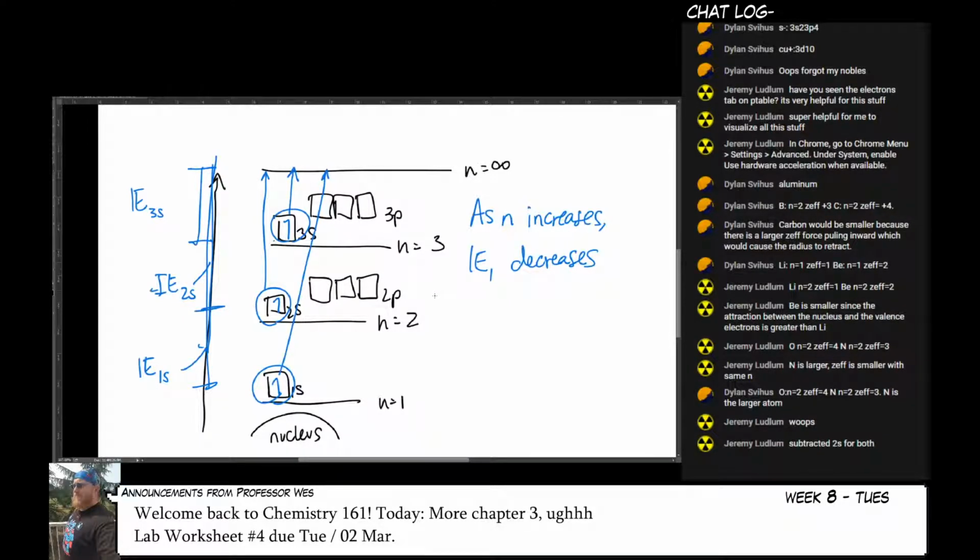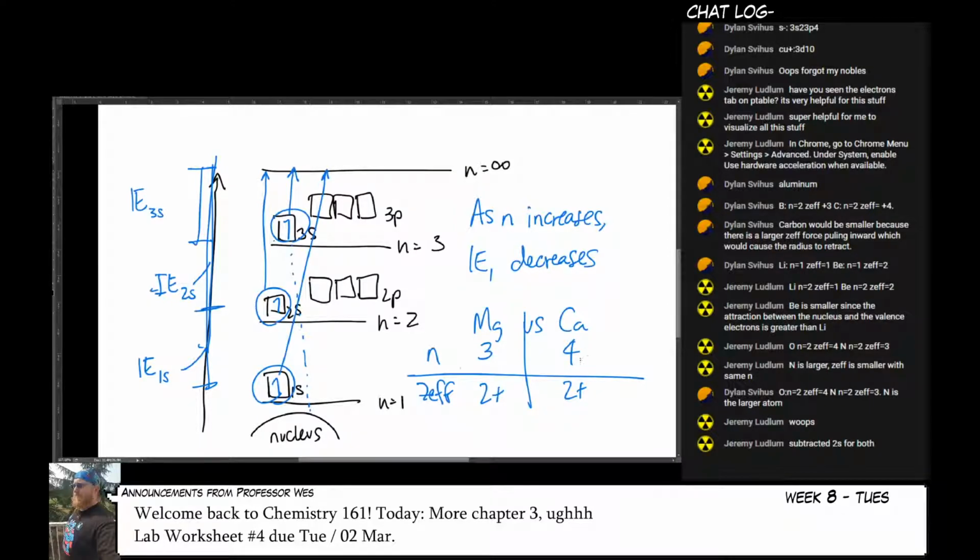So what I could do is compare two atoms that have different n and the same ZEffective. If I pick magnesium versus calcium, I would see that magnesium is n equals 3, ZEffective 2. Calcium is ZEffective 2 also, but n equals 4. Now, when I'm removing an electron, I am fighting the nucleus. The nucleus is always trying to pull my electrons towards it, and I'm basically playing tug of war.